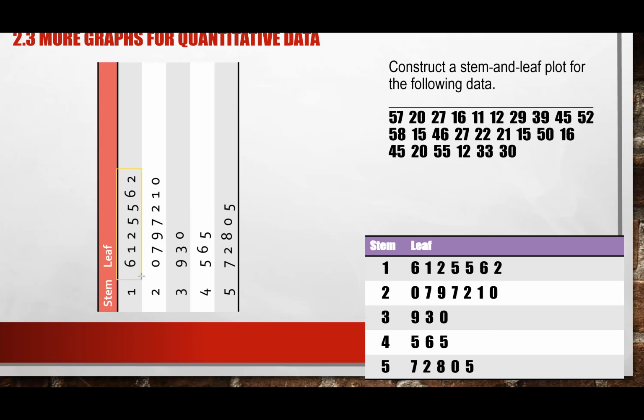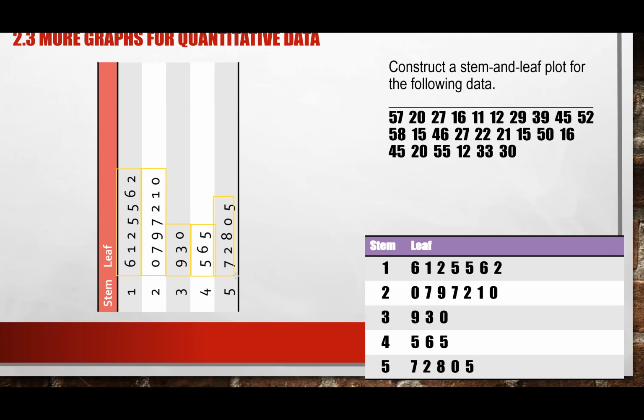If you were to draw a bar, this will be your bar. The only thing different about this, or the unique thing about the stem and leaf plot, is you know exactly what your data is, right?